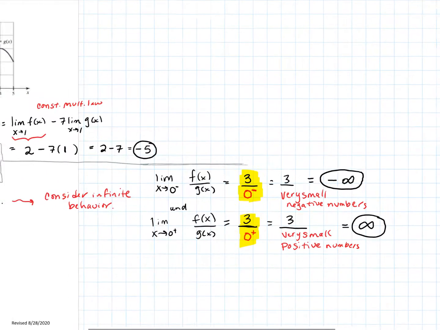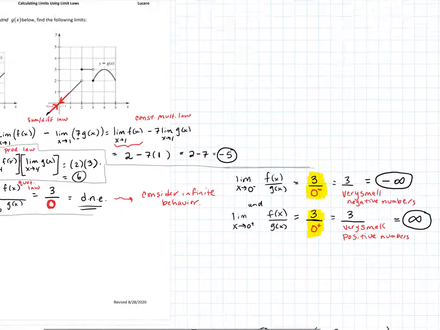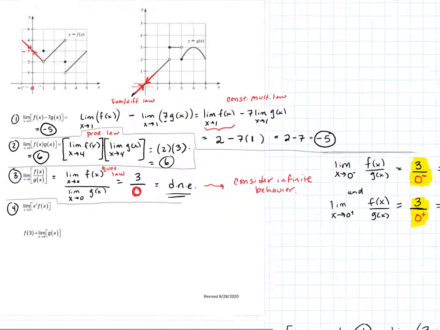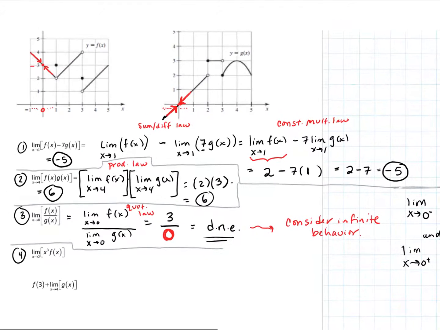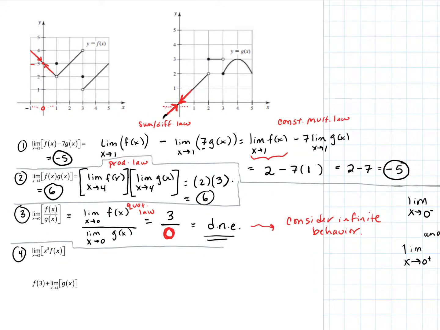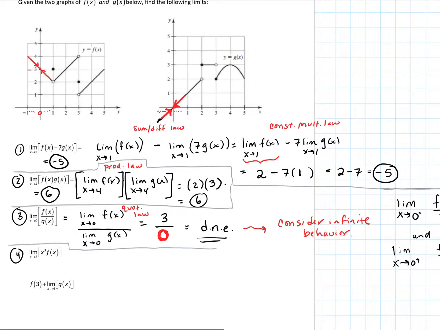Okay, so we could consider the infinite behavior right there, but I want to make a note here with that quotient law. As we're applying that quotient law, we got that it doesn't exist because we saw that 0. That meant that we needed to do something else. That's going to mean check out what's happening there. This is more interesting maybe than the previous two, where we were able to use our laws and just work our way through quickly to get to a value for the limit.